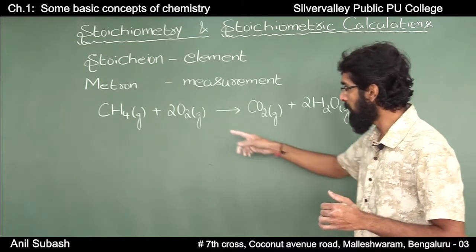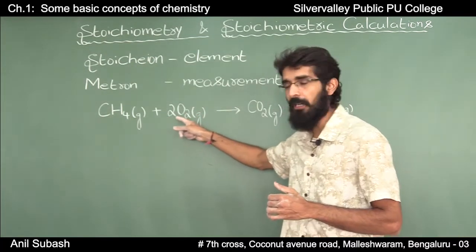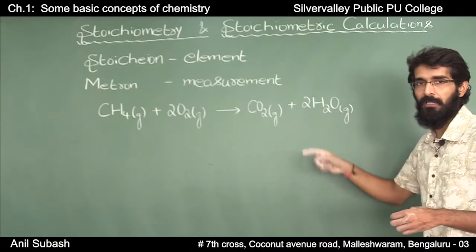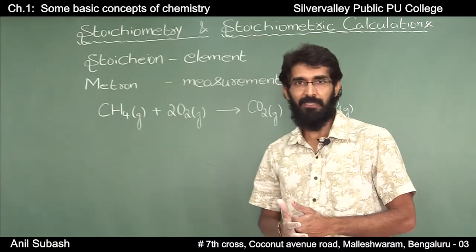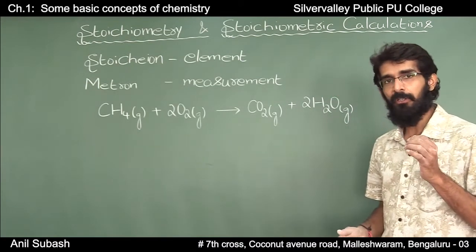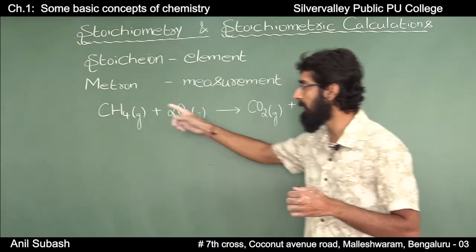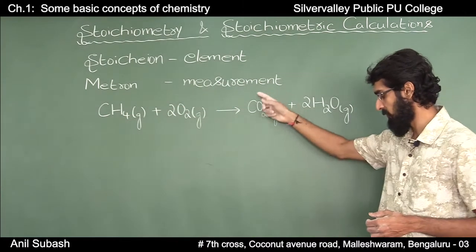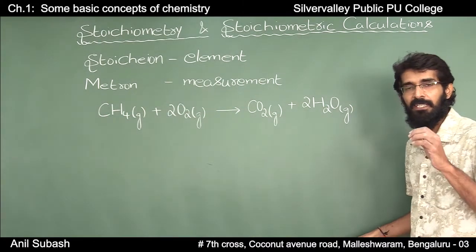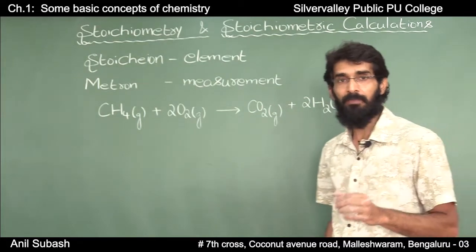Here the coefficients 2 for oxygen and water are known as stoichiometric coefficients, and the stoichiometric coefficient for methane is 1 and the stoichiometric coefficient for carbon dioxide is also 1.